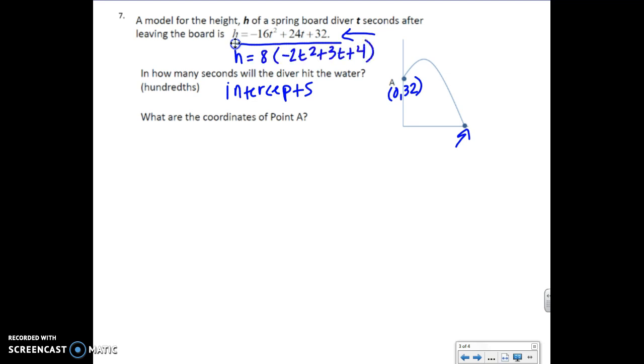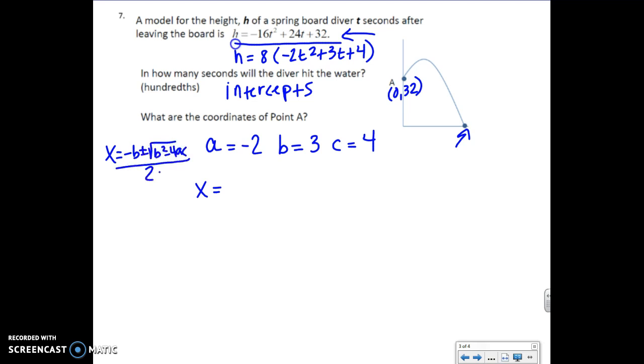And the reason I want to do this is because now my A, my B, and my C are much smaller numbers. And that is a lot easier to work with than the larger numbers. So we have negative 2, 3, and 4. We're going to go ahead and plug into quadratic formula. So if you don't remember the formula, it's negative b plus or minus the square root of b squared minus 4ac all over 2a.